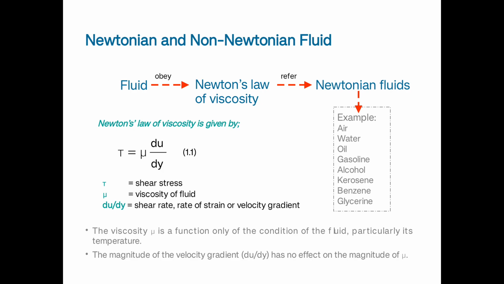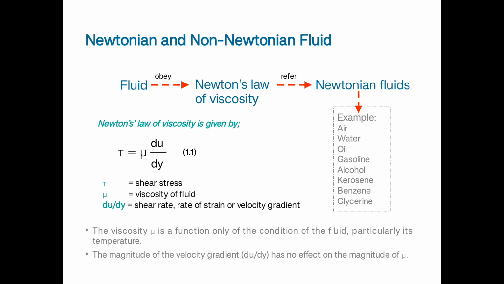So, if you want to say a fluid is Newtonian, it must obey this law. If you think of this law in relationship with the mathematical equation for a straight line, the linearity, this equation exactly fits a straight line passing through the origin.